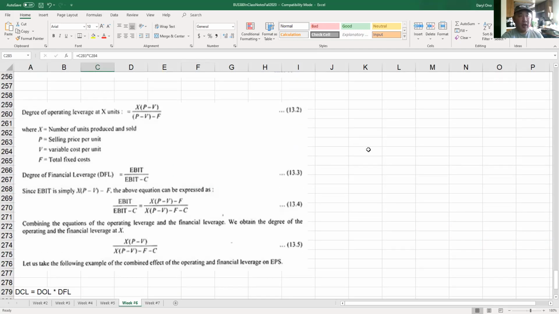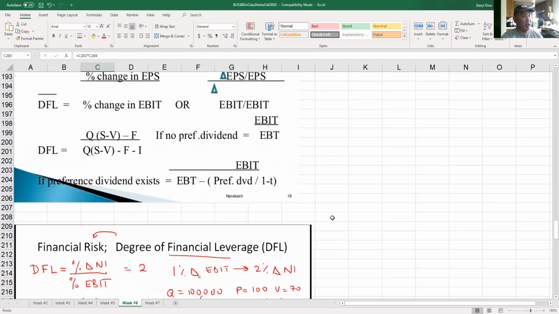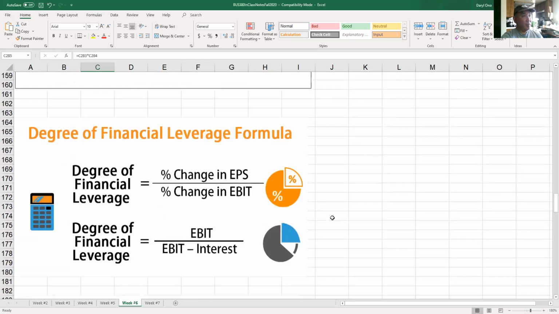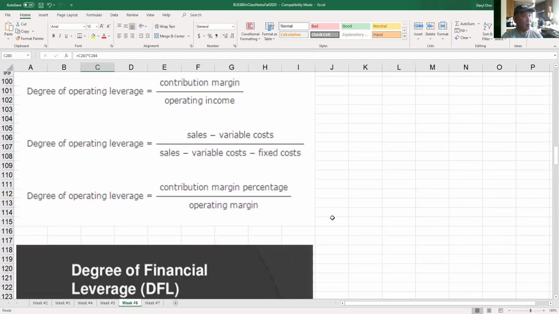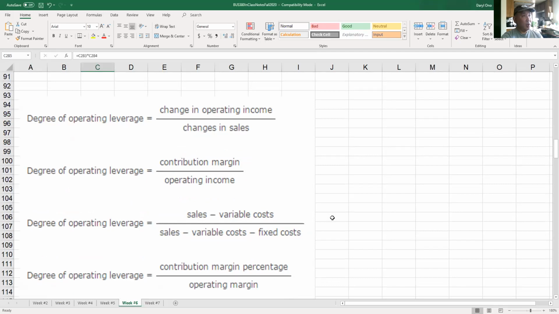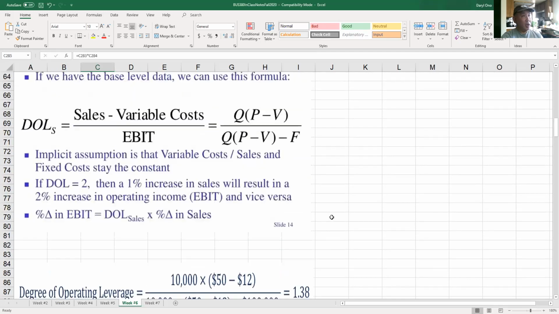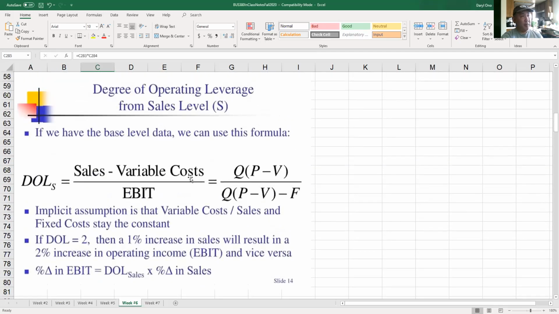All right? So not very difficult, but what's the problem here? What makes your leverage ratio calculations a little bit difficult? Okay, so if we look here, here are 2 formulas to calculate the degree of operating leverage.